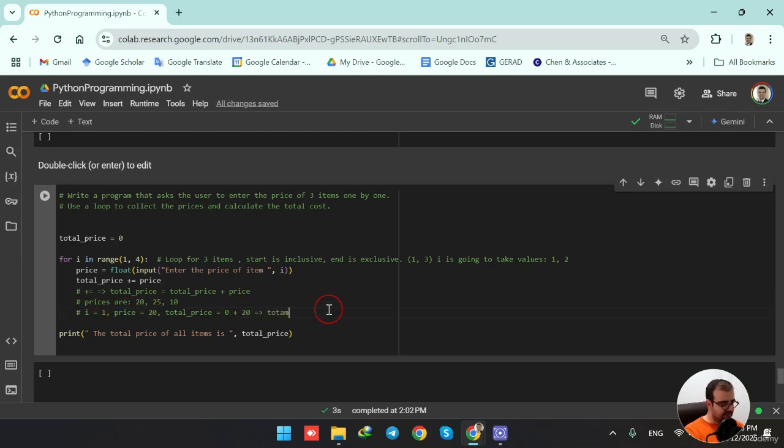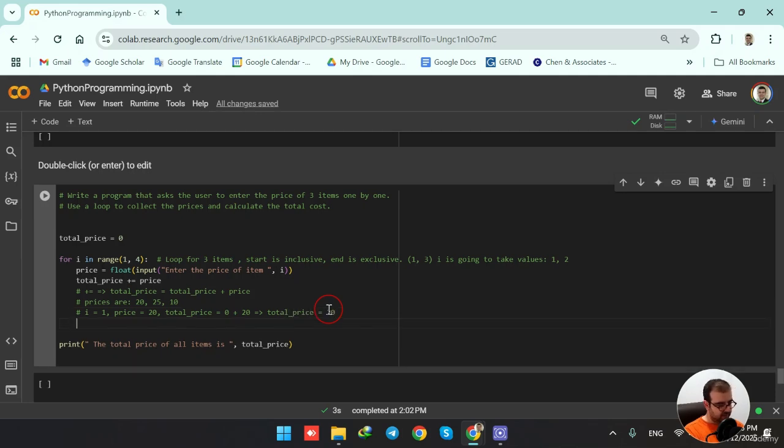So this means that total price equals 20. Okay. And in the next iteration, for example, when I equals 2, price equals 25. This is just an assumption. I'm making these assumptions because I want to give you a hint and a detailed explanation of how this total price is being calculated.